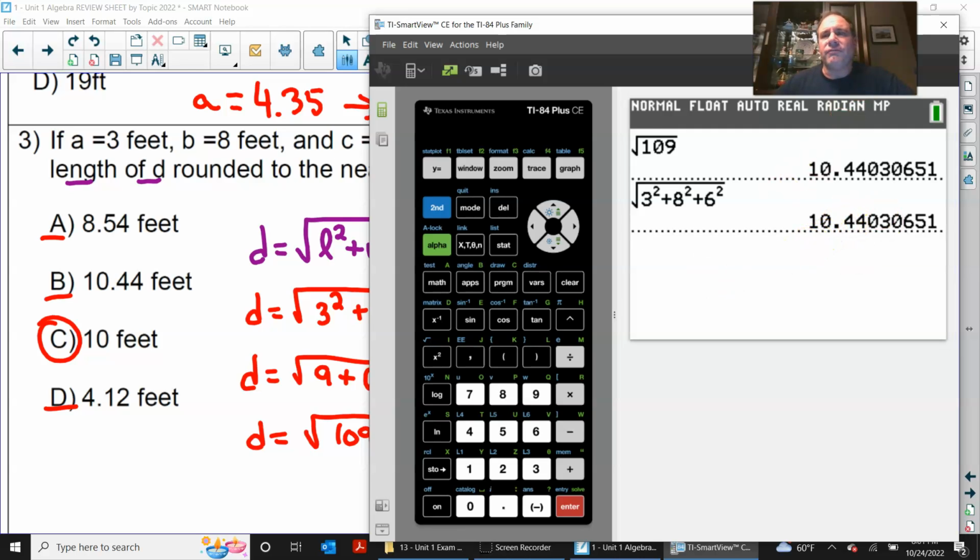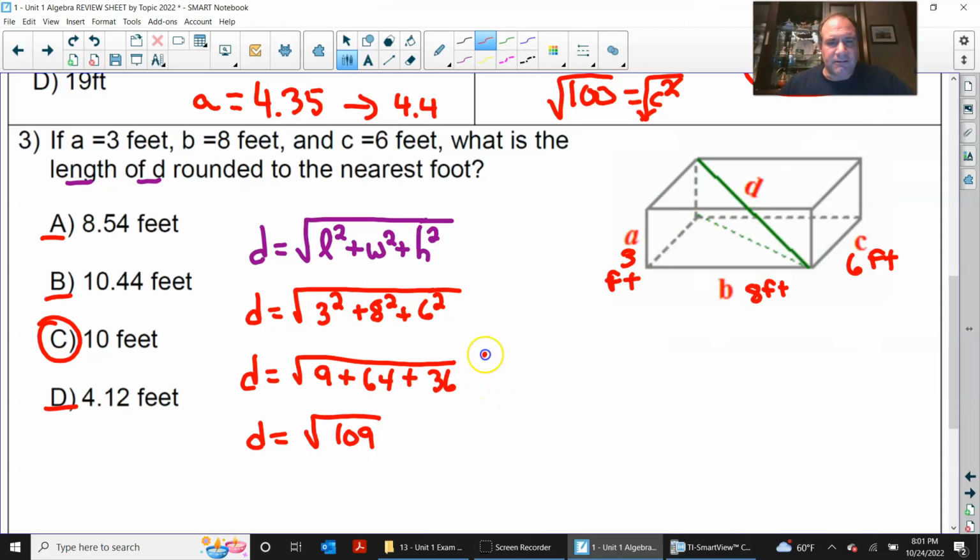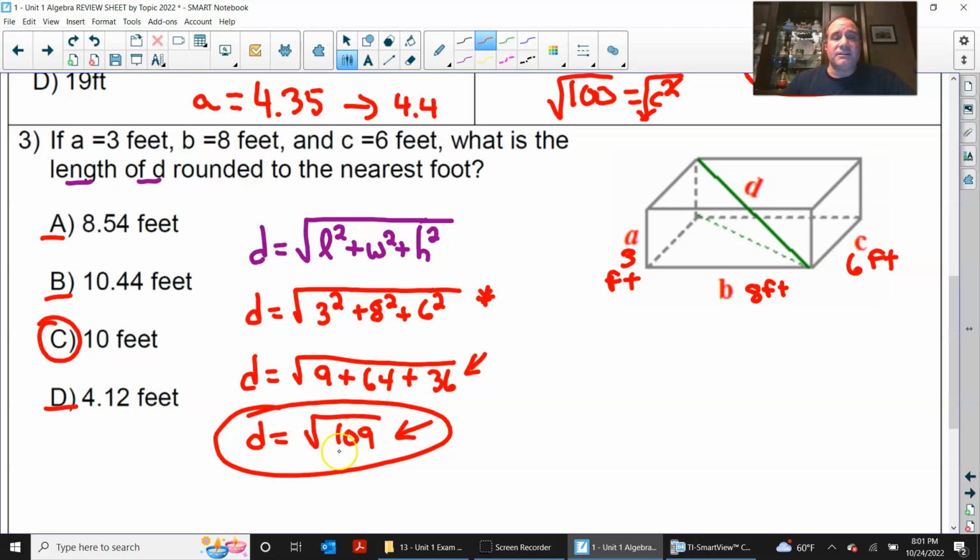So there's really no reason to take this part right here or this part, unless they're talking about an exact value, and then you would have to work it down to this. But if this is a multiple choice, just put it into the calculator at this point right here, and then press enter, and you'll get 10.44.